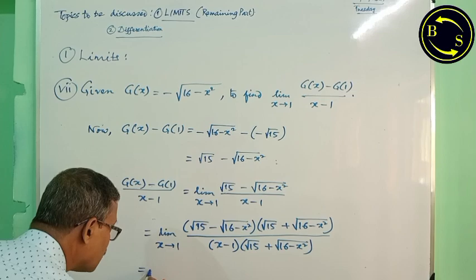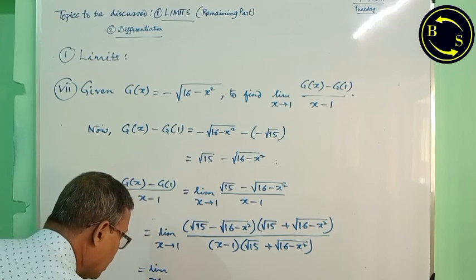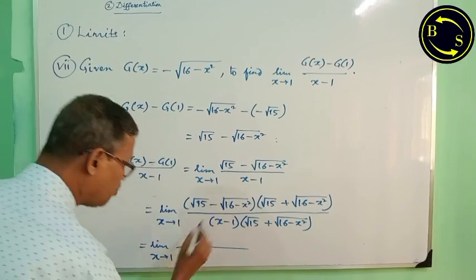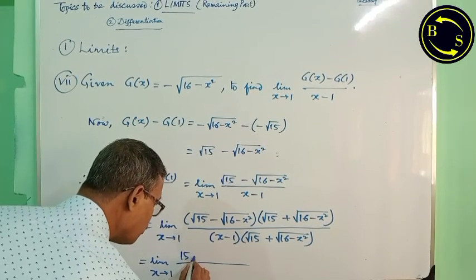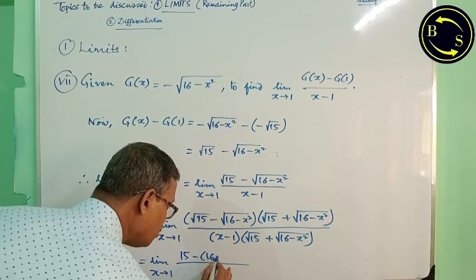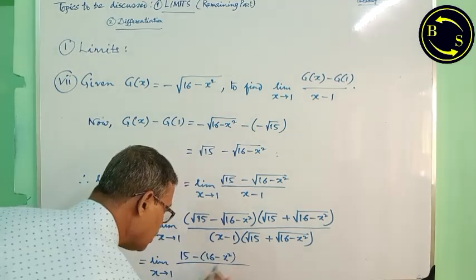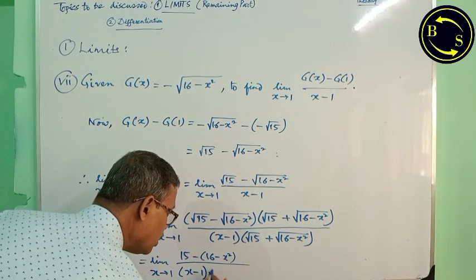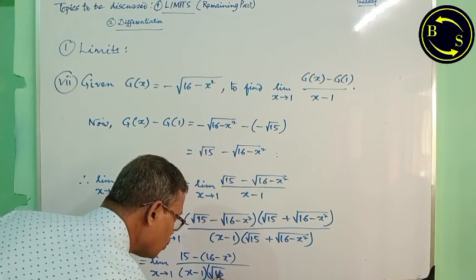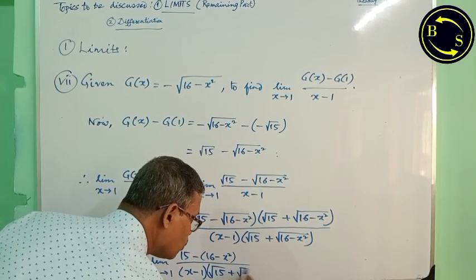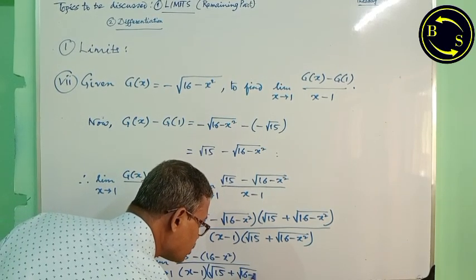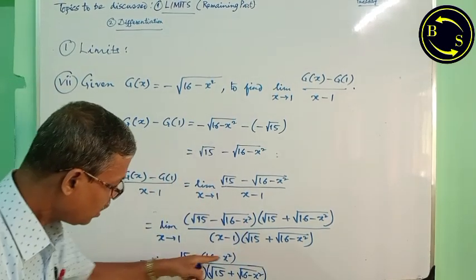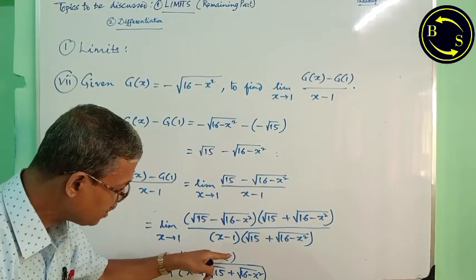Then the limit as x tends to 1. The numerator is 15 minus 16 minus x square. This is x minus 1 into root 15 plus root over 16 minus x square, and we simplify this one.